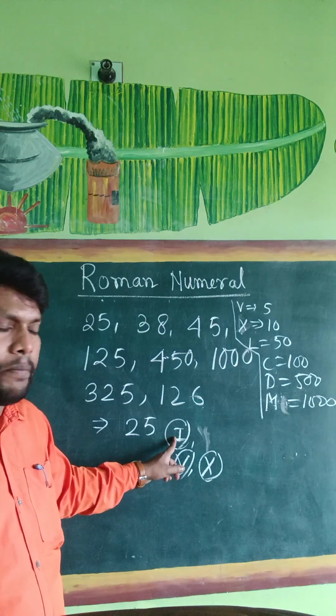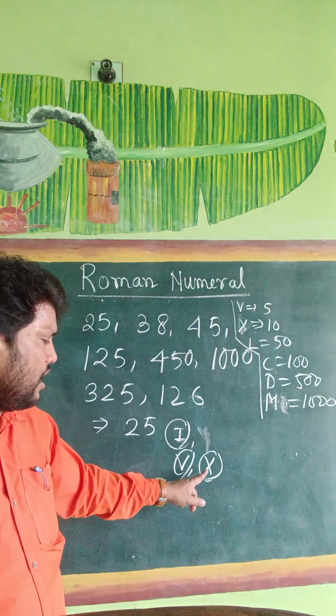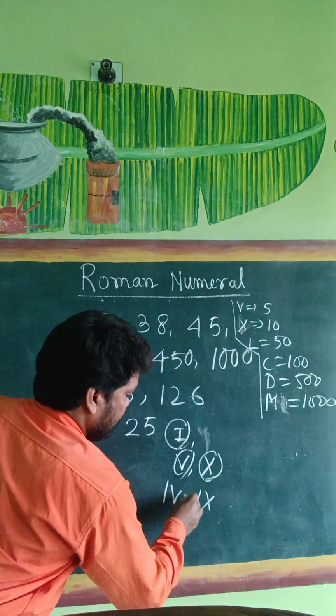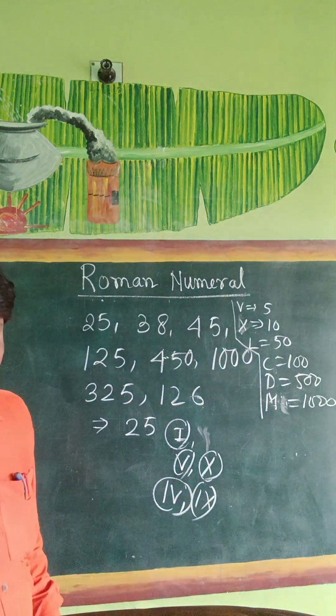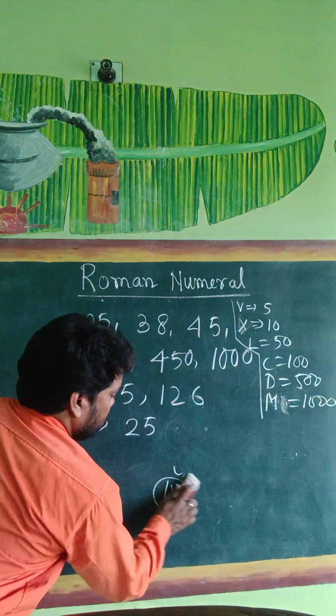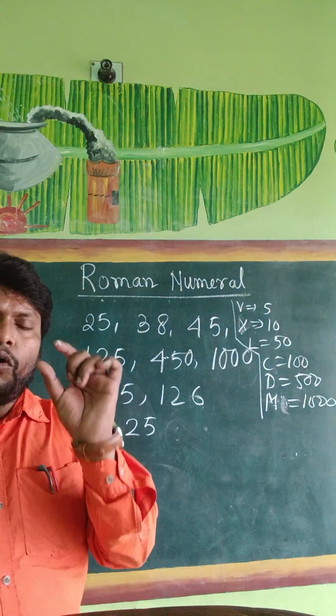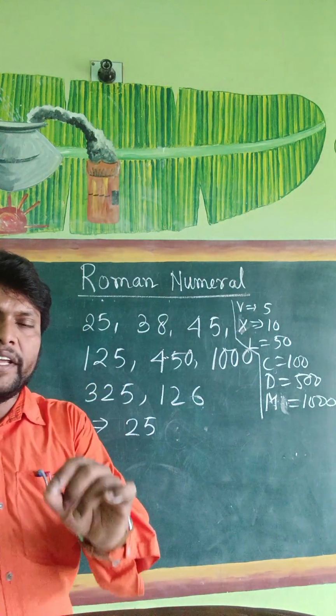Only 1 can be subtracted from V and X. Suppose 4 is IV, 9 is IX. I had forgotten this rule, so I have discussed it. So only I is subtracted from V and X.